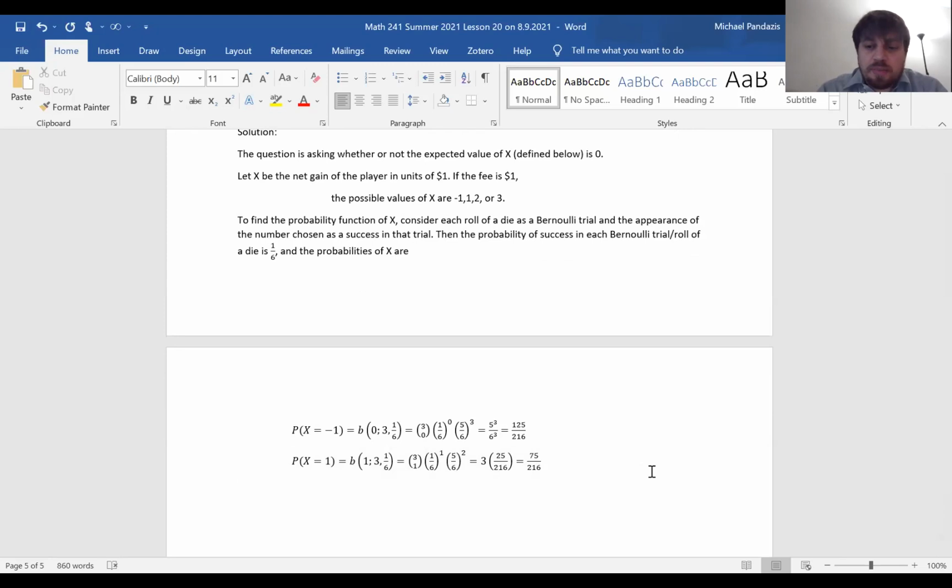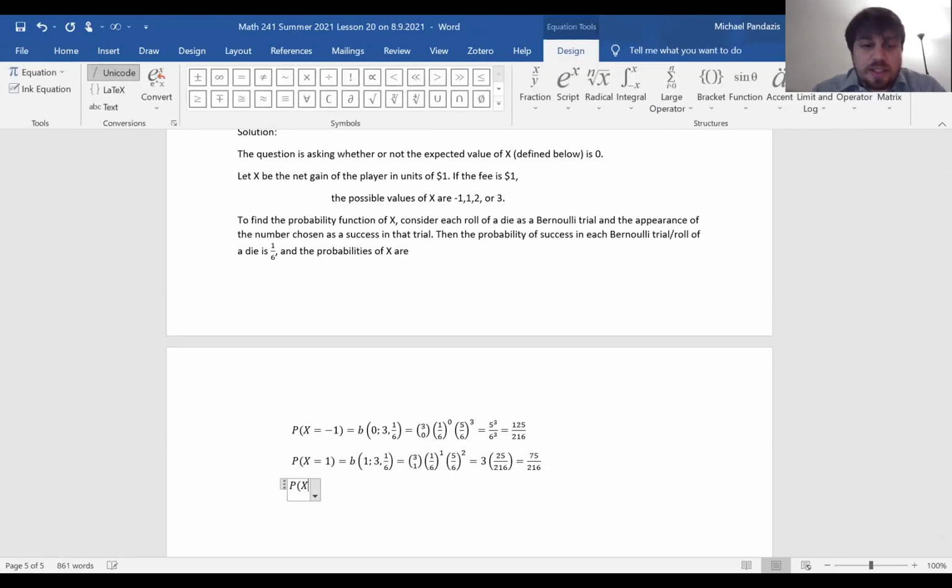Next one is the probability that x equals 2. And so we're just going to follow this pattern, right? 2 successes in 3 Bernoulli trials, probability of success is 1/6. Okay, and that's equal to 3 choose 2 times 1/6 to the second power times 1/6 times 5/6 to the first power.